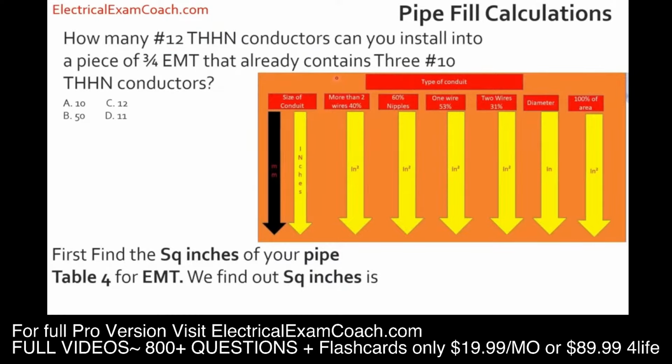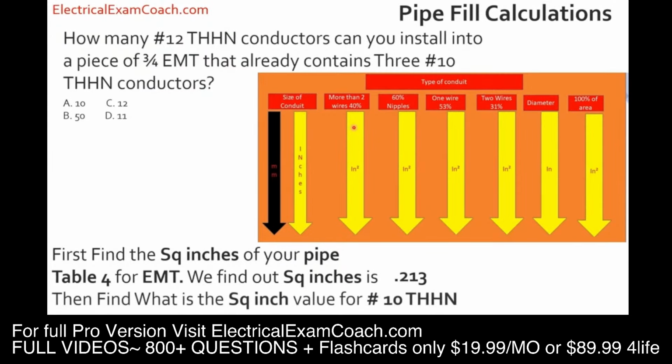Then we're going to start on the left-hand side and find our trade size, and we go down to 3/4. Then we're going to cross over to the more than 2 column because our question deals with more than 2 conductors. So we're going to pull from the 40% column. And that's going to let us know that our starting available area is 0.213 square inches.